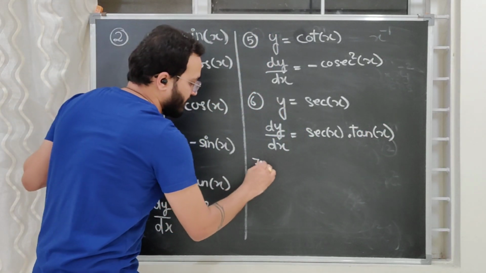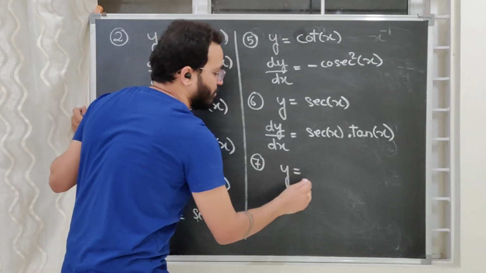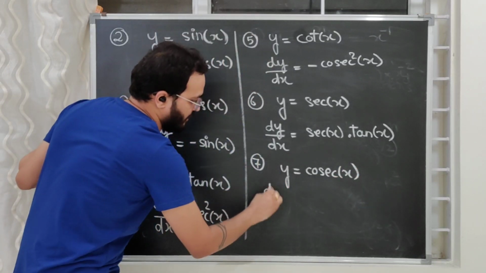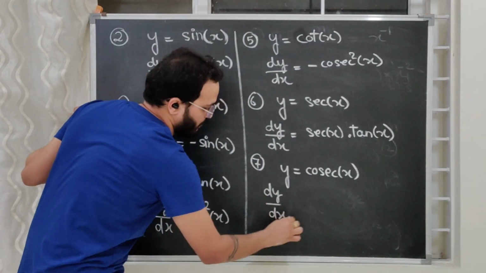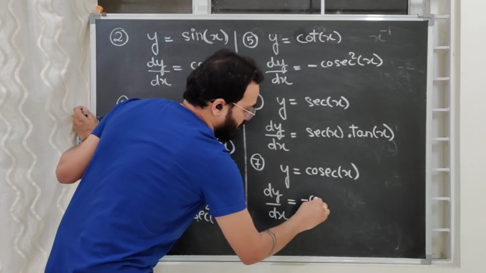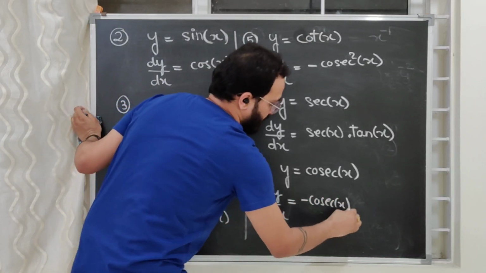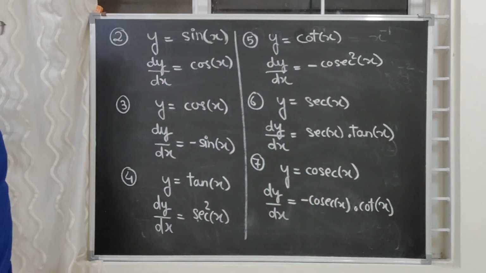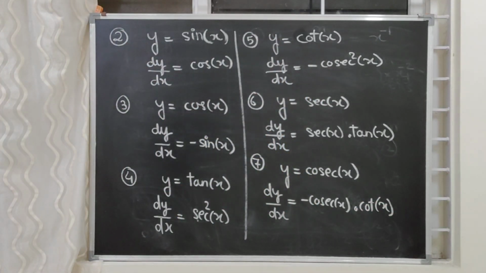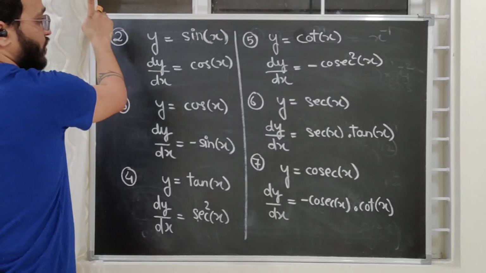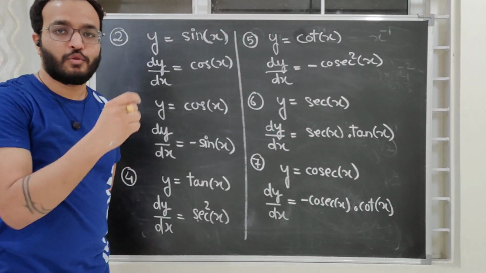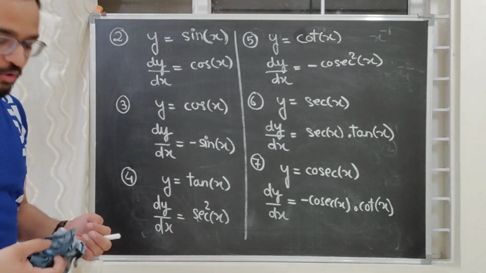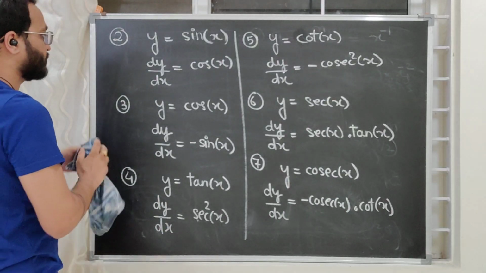Seventh is, if y is equal to cosec x, then dy by dx will be written as minus cosec x cot x. So these are 7 formulae, including the first formula, which is y equal to x to the power n. These are 7 important formulae. Few more formulae are there, just wait.